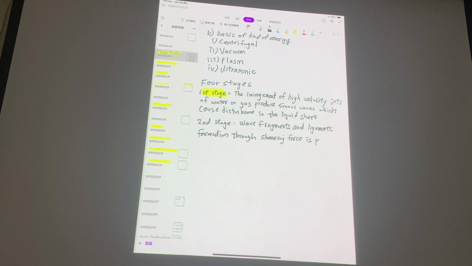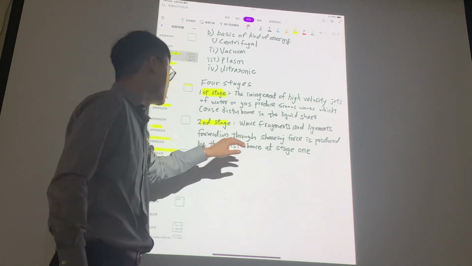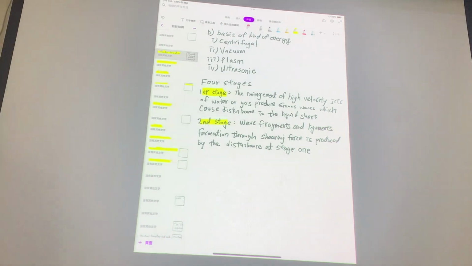It is produced by the disturbance at stage 1. Right? So can you see my handwriting? Be clear? Yeah, so wave fragments and ligament formation through shearing force is produced by the disturbance at stage 1.